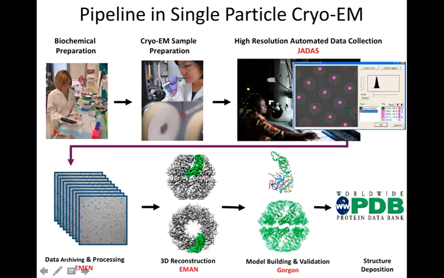In terms of data collection, it's pretty straightforward, and in terms of data processing, it depends on the structural heterogeneity of the sample. If the structure is very homogeneous from particle to particle, the data processing can be straightforward.